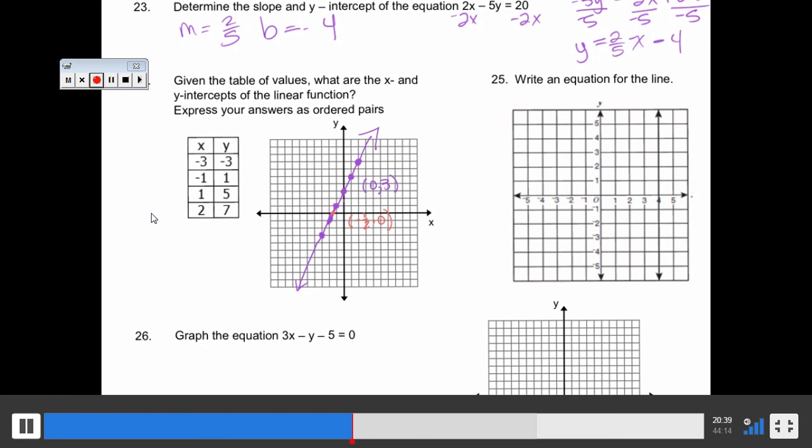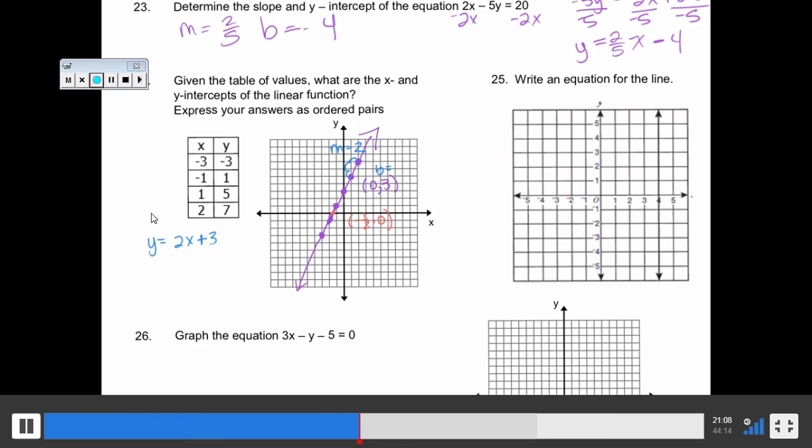Now, if you want to check your answers, since you've done slope-intercept form before, you could write an equation for this line because you know that the y-intercept is 3, so that is b. You know your slope is up 2, right 1, so your slope is 2. So then we could write y equals 2x plus 3.